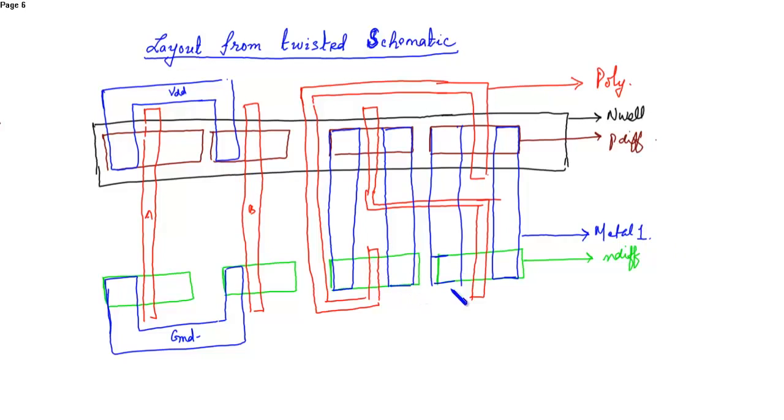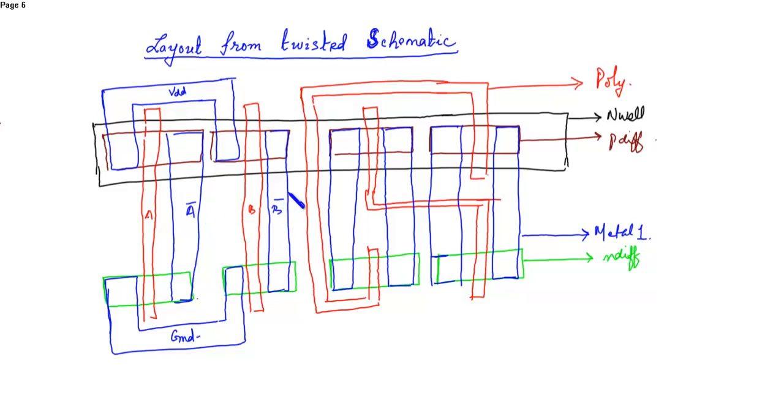Okay, now after this is the two inverters. Okay, in the inverters the drains are not connected, so you have to connect the drains. Okay, so these are the two outputs, that is A bar and B bar.